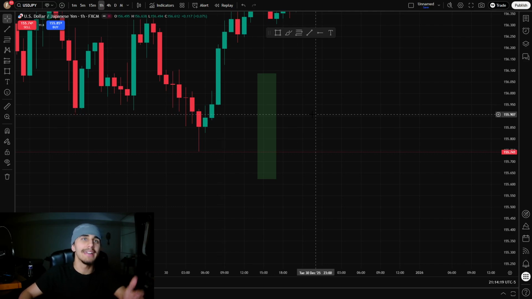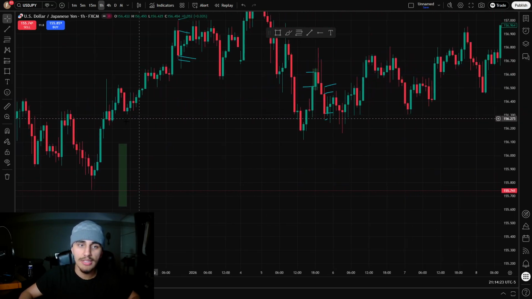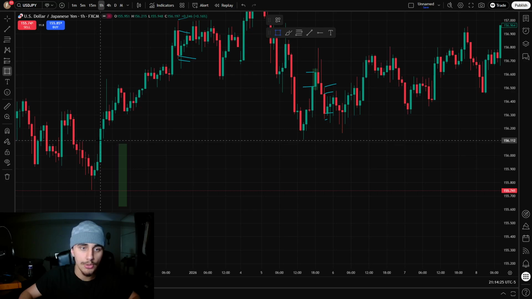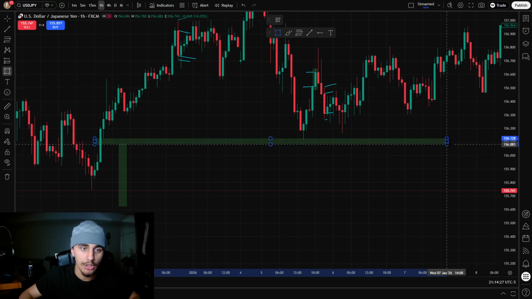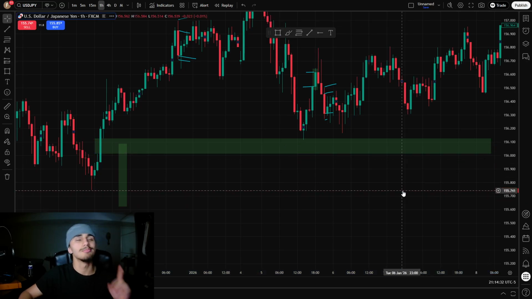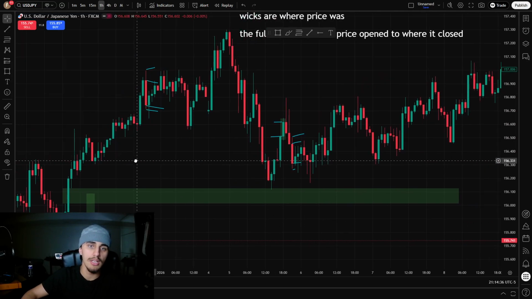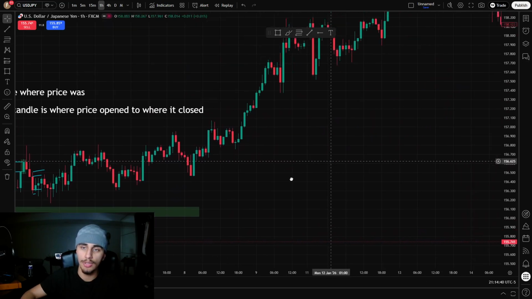We're not going to count that. It had more of a wick up. Since this was so strong, it created a good breakaway gap. Don't confuse it with the fair value gap. We're going to say it created an imbalance, a displacement. We're getting further into that in the series, and we can see how price comes up. Once it tries to reach back into this level, it'll continue going up.